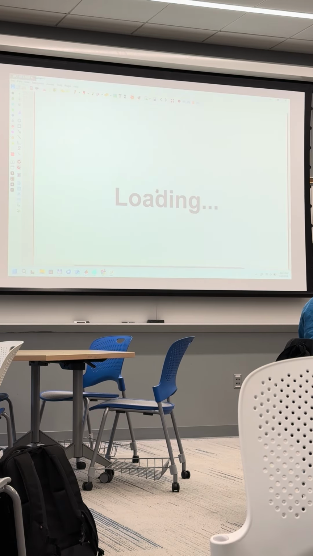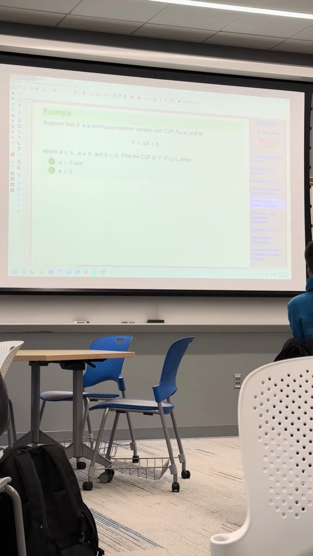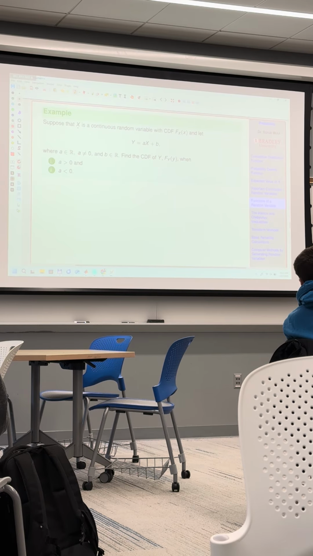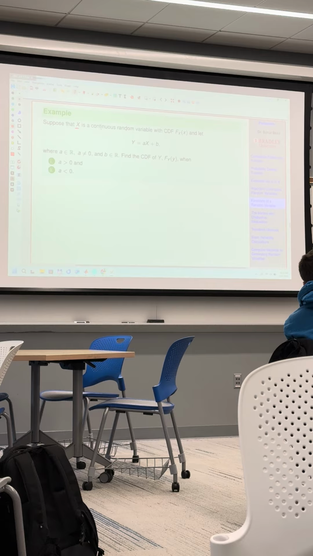So let's go through this example. We have x, a continuous random variable, but we do not know its distribution. We do not know whether it is a uniform random variable, exponential random variable, or Gaussian random variable. The only thing we know is that x is a continuous random variable with CDF F sub x, and let y equals g of x.